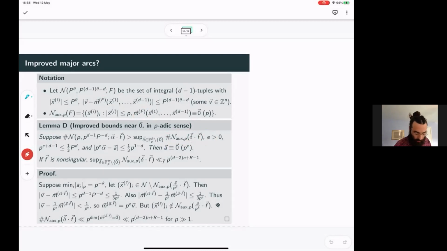It says that the only way that we can put an integer linear combination of the forms in here for this particular solution x and get out something that's congruent to 0 mod p is if the linear combination of forms that we put in was actually uniformly congruent to 0 mod p.